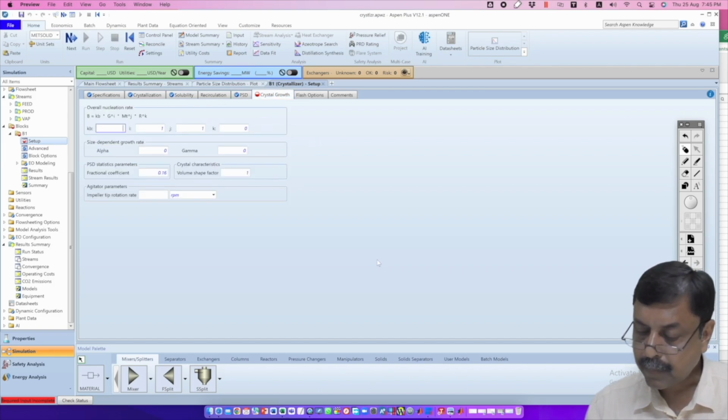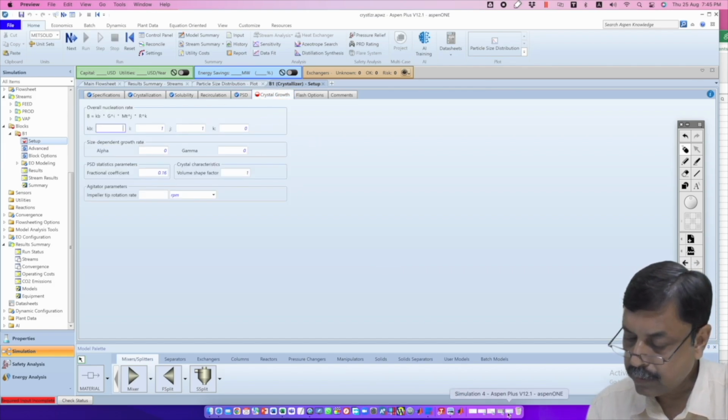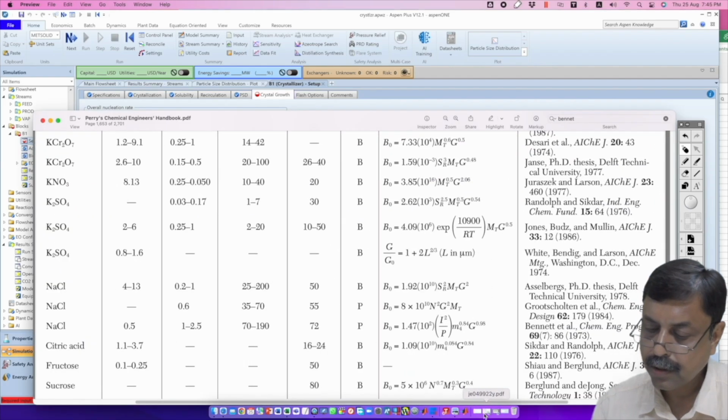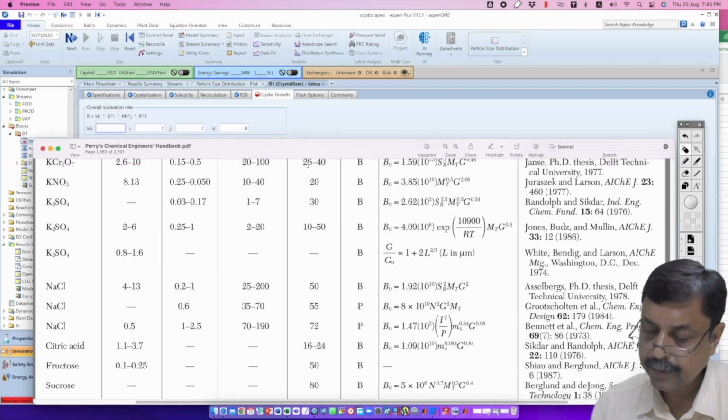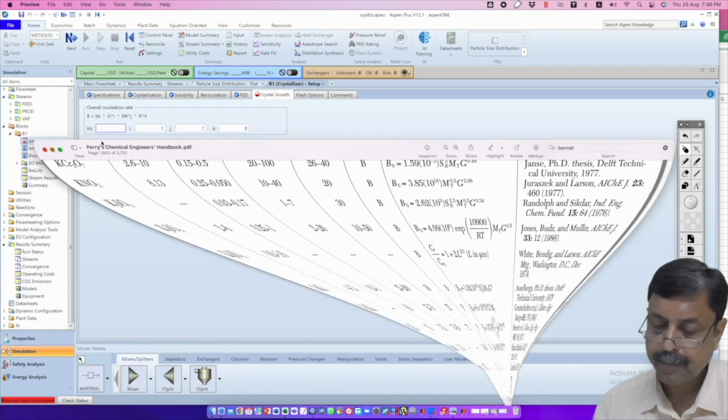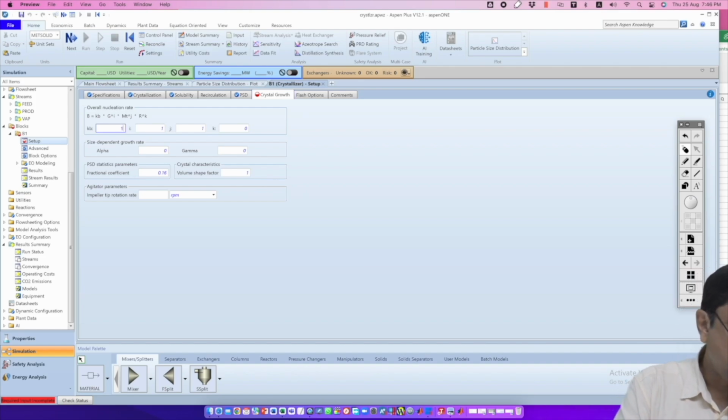Okay, and for that we need the information from Perry's handbook, and here we will take this example. Let us take this example, Asserberg's PhD thesis. So in our case, KB will be 1.92 e to the power 10. So it will be 1.92 E10.